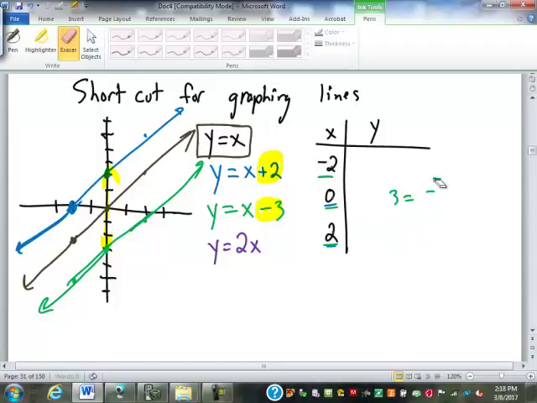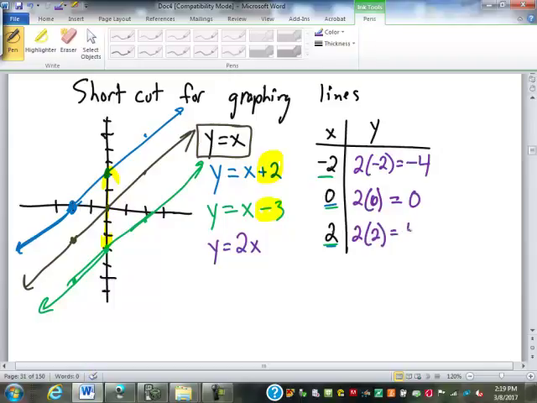So I'm going to clear out my table again here. So if y equals 2 times x, what is 2 times negative 2 going to be? Negative 4. Good. 2 times x, if x is 0, what's 2 times 0? 0. And if x is 2, what's 2 times 2? 4. So we graph that.